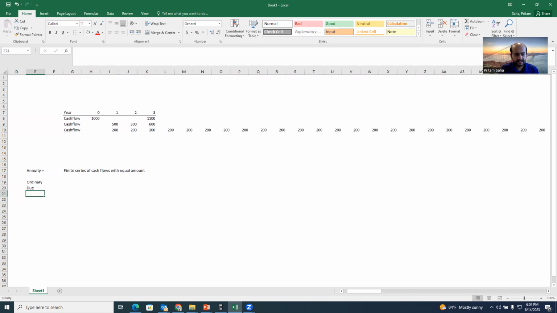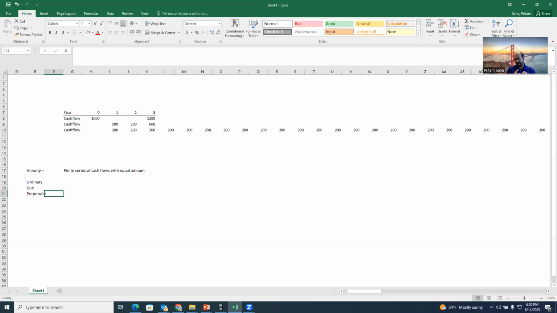This is known as perpetuity. You can say an infinite series of equal payments, so an infinite series of equal amounts of cash flow that occur at equal intervals. This is called perpetuity. So in this class, we will know how to calculate present value, future value, interest rate, number of periods, or amount of payments when you are dealing with annuity ordinary, annuity due, or perpetuity.